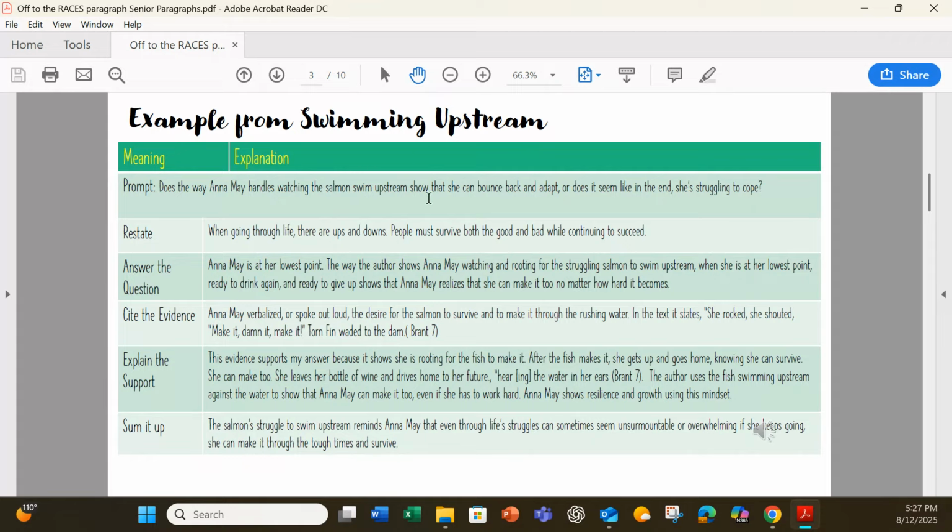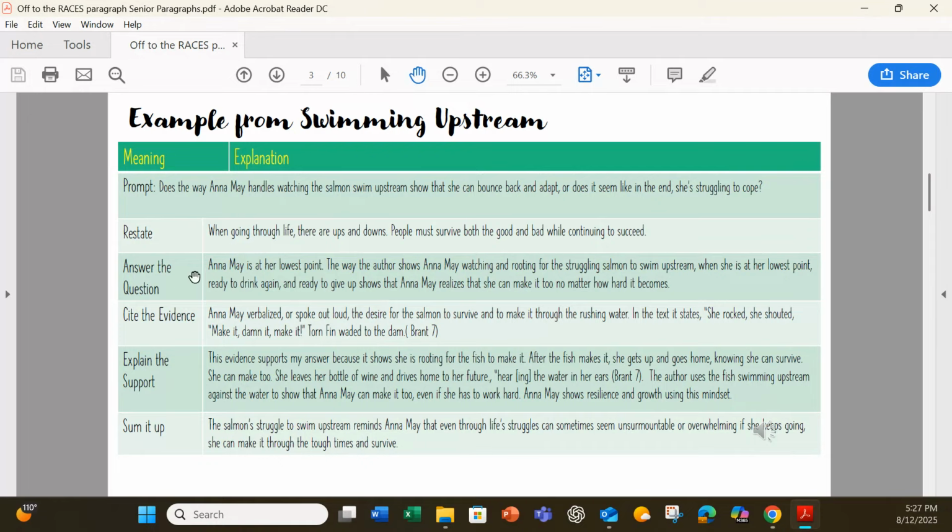So you must survive the good and the bad. You must bounce back. So this is just a restatement. It's nice and general. It tells the reader, hey, this is the direction I'm going in. But I still haven't answered the question of whether or not her watching the salmon showed that she can bounce back and adapt. So I need to answer that.